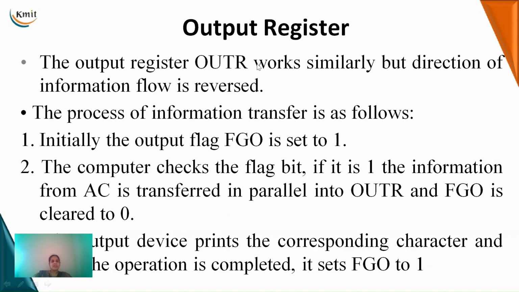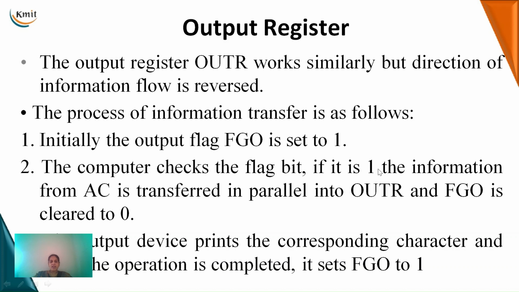When you look at the output register, it works similar to the input register but in the reverse direction. So if you see the process of information transfer, initially the output flag FGO is set to 1, and the computer checks this flag bit whenever it wants to give an output to the output device.